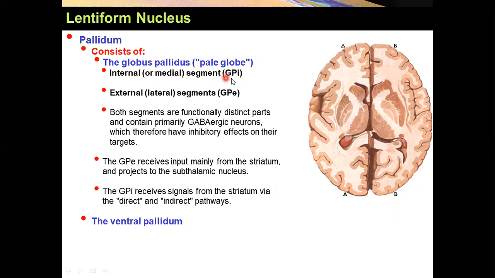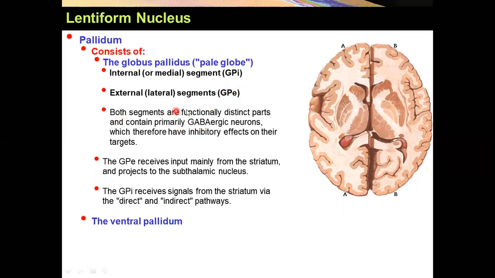Again, the GPI stands for internal globus pallidus. Now, it also has a larger external or lateral segment, and this is commonly shortened as GPE, meaning external globus pallidus.